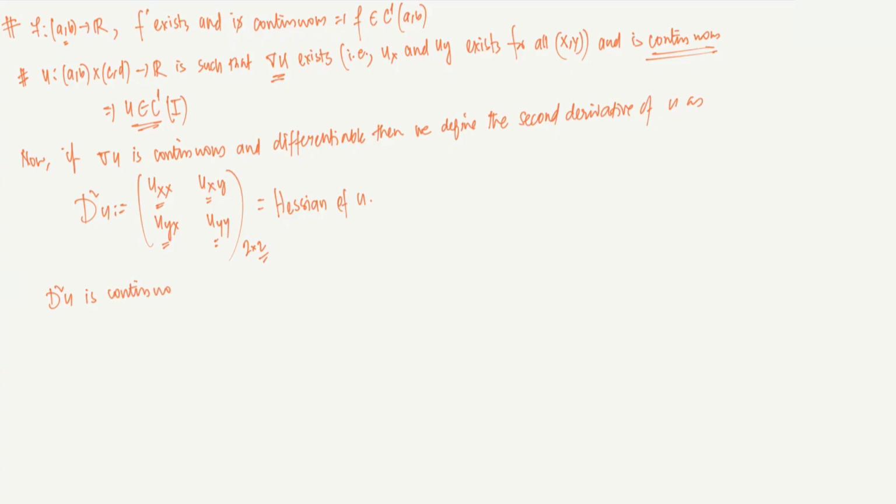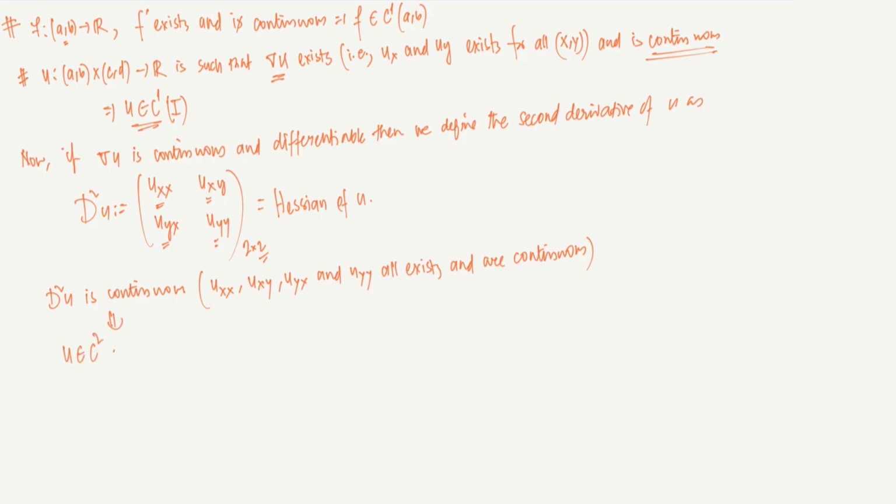What do I mean by continuity of this? It means all these functions uxx, uxy, uyx and uyy exist and are continuous. Then d2u is continuous, and this will imply that u is C2.